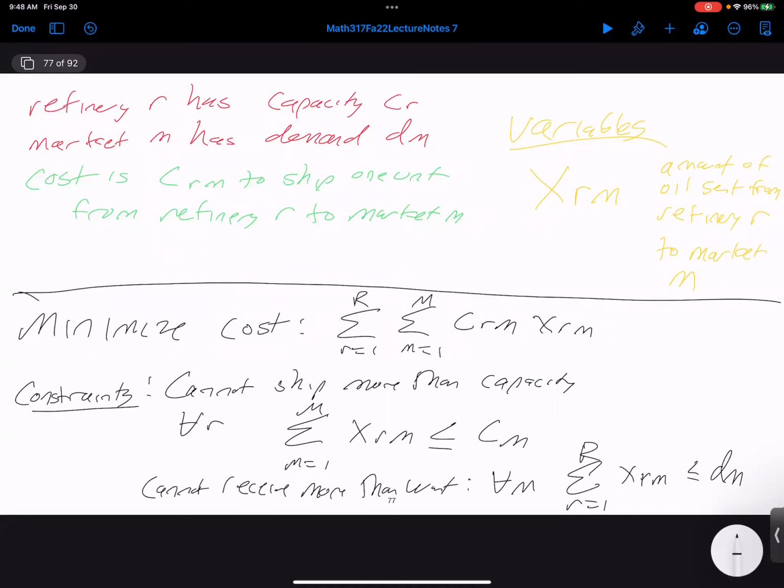For the canonical programming problem, it's AX equals B. I've got less than or equal to this. So you have to introduce some extra variables to make it an equality. If this is strictly less, let me just add an extra variable for each R. That's my slack. Basically, if there's any capacity that's not being used, give it to me.